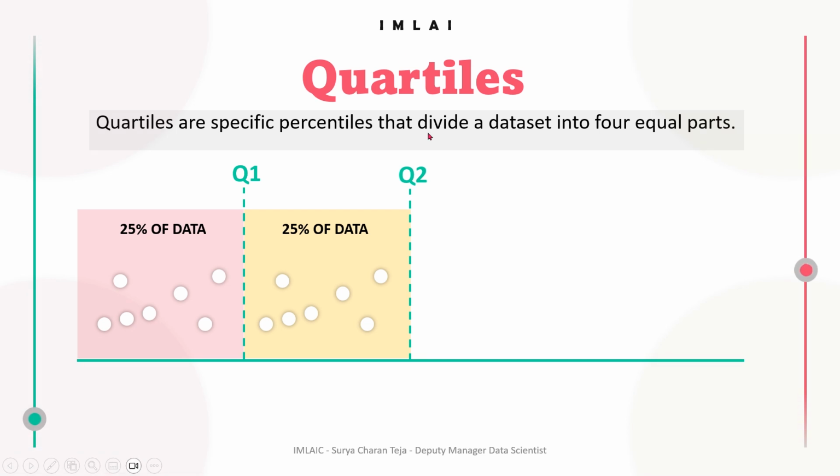That's also known as the median. So it can be called the median, quartile 2, second quartile, or the 50th percentile.